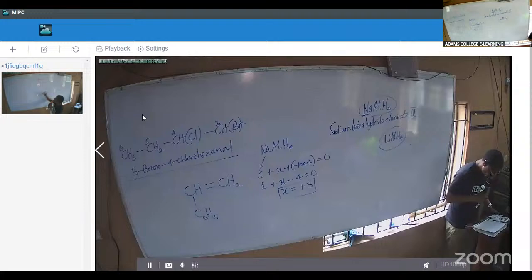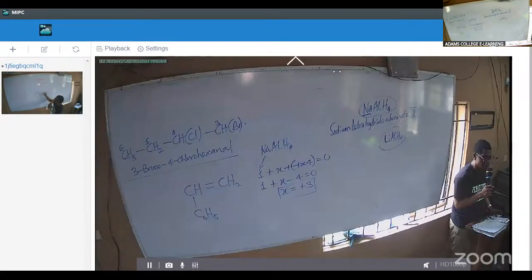Okay, another question. Methane diffuses through a porous port in 20 seconds.